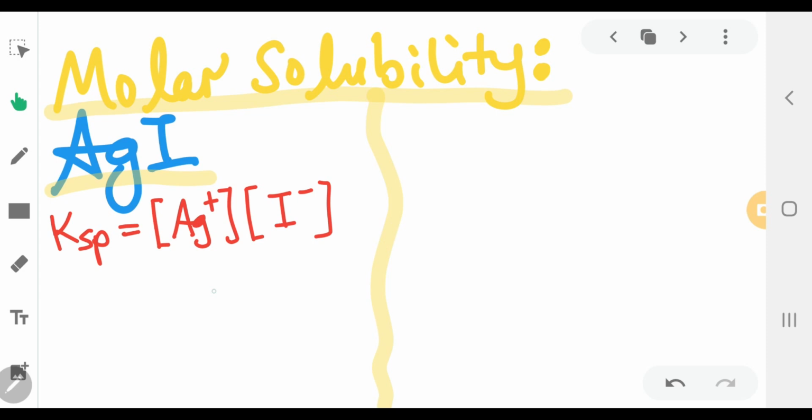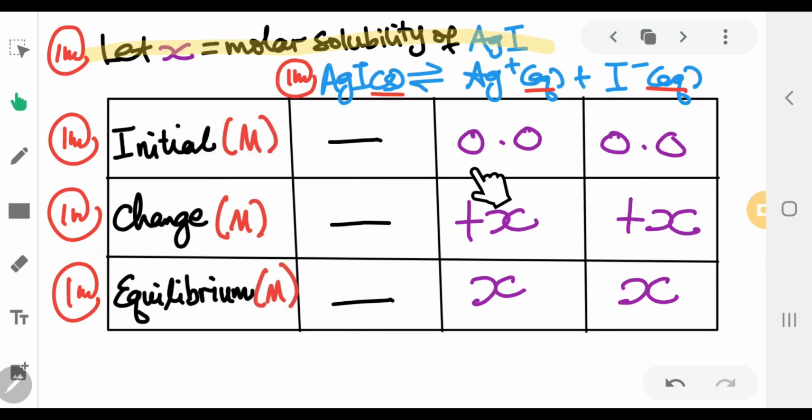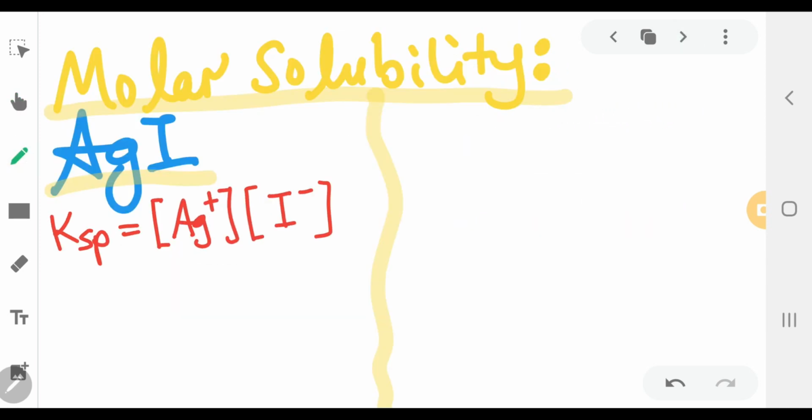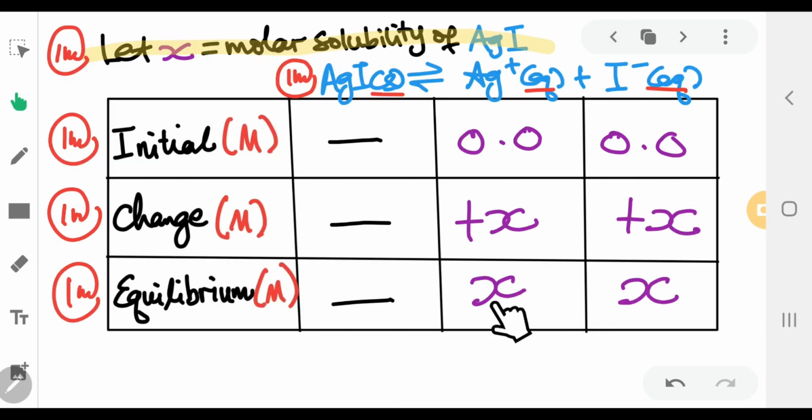So the KSP expression for this example is written like this. By writing the correct KSP expression, you would be given another 1 mark. And do remember that at equilibrium, the concentrations of Ag plus and I minus are equal to X and X.